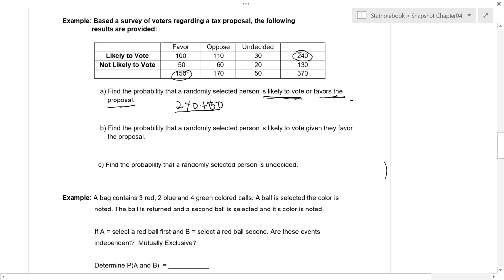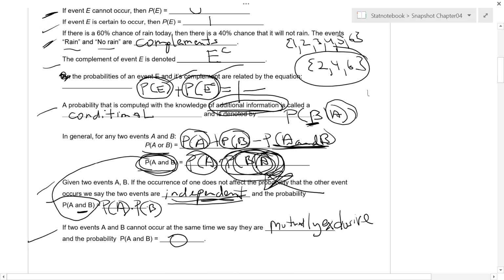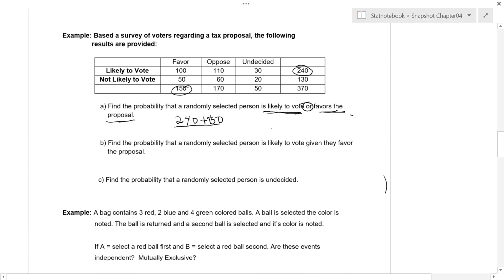But you gotta be careful. And that's why you should have kind of thought about the formula, because this is an or. And if you remember the formula way up here, the probability of A or B is the probability of A plus the probability of B minus the probability of both of them. So going back down to our problem here, here's A, likely to vote.